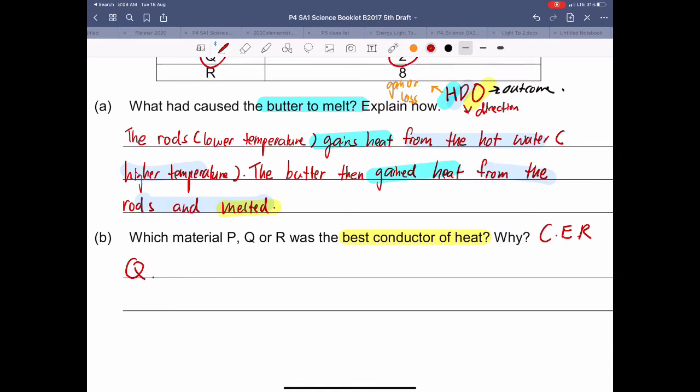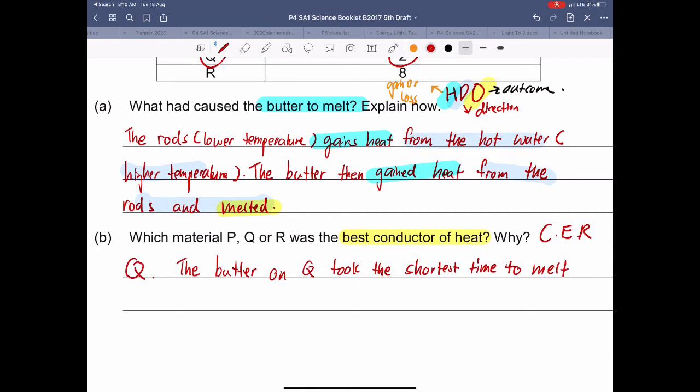So the next part of it, you're going to talk about your evidence. So from here you say that, okay, the butter on material Q took the shortest time to melt.